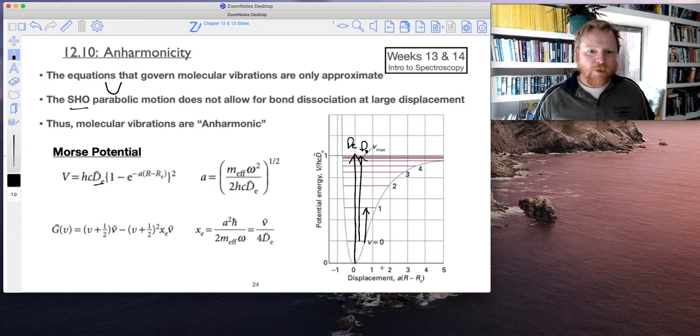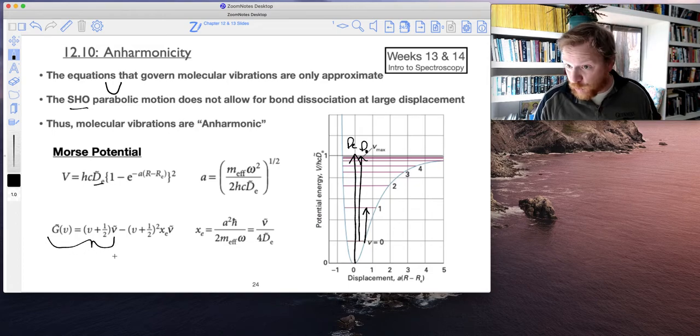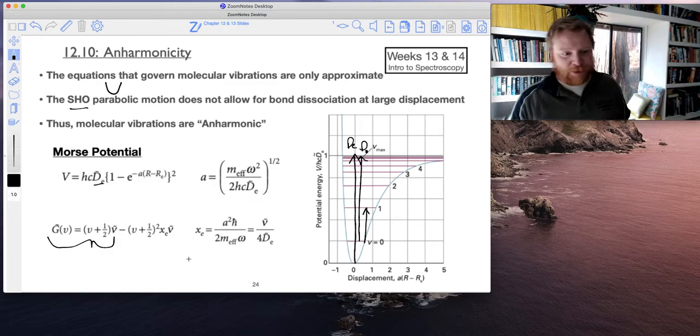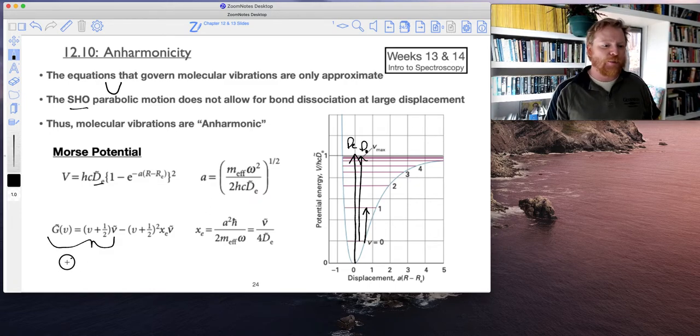And so now here you can see I got a whole bunch of equations on here, and I'm not going to spend a whole lot of time discussing these because you're going to dive right into these on your Spec 2 assignment. I'll just briefly comment that up to this point, this is our normal solution to the Schrodinger equation, which assumes harmonic motion, so the simple harmonic oscillator.